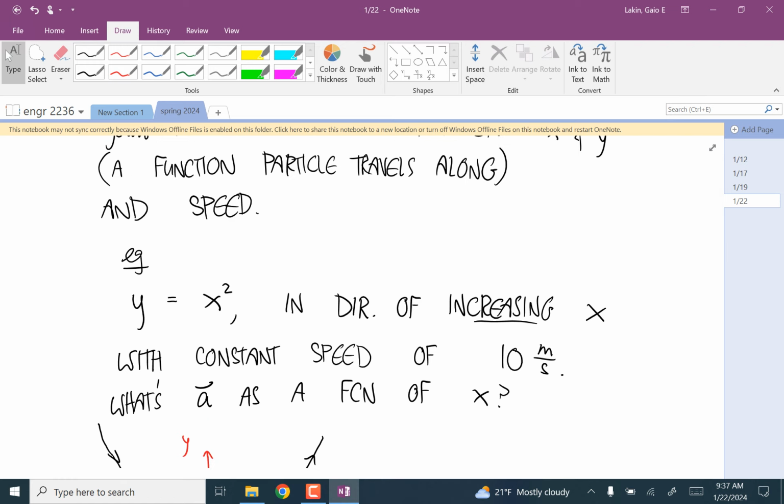Mainly, if you're given a parameterization of the motion, you're trying to calculate velocity as a function of that position variable. Once you have that velocity, you use the chain rule. It's a two-step thing, and those two steps are just pretty ugly usually.